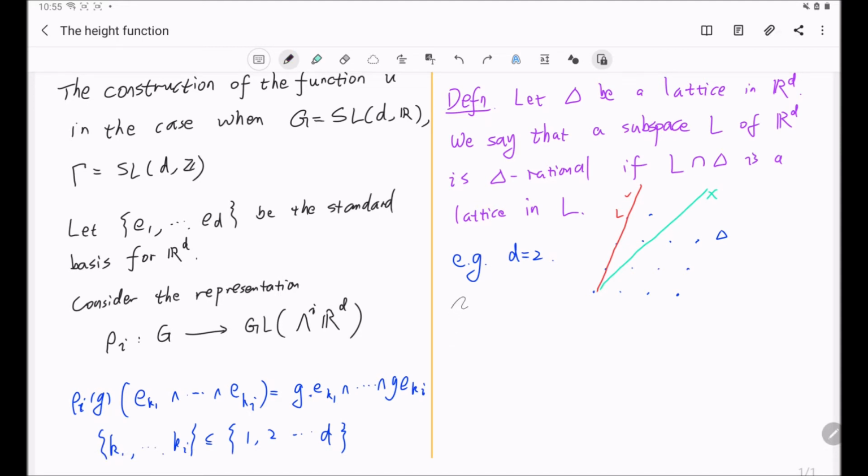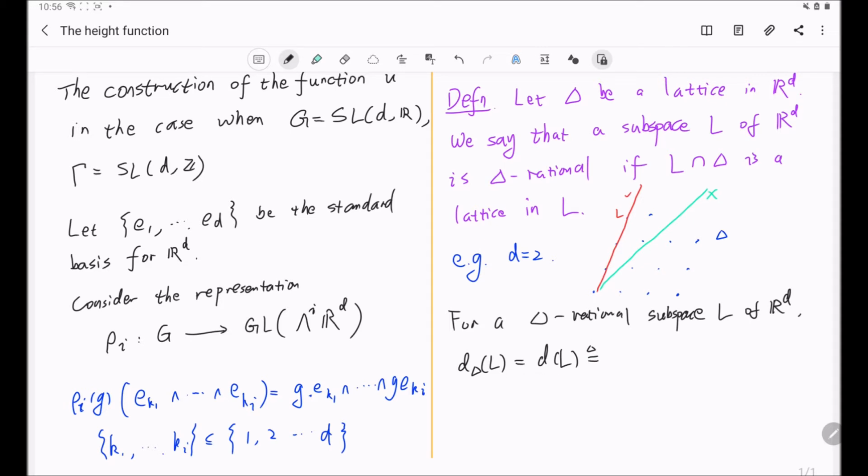And for a delta rational subspace L of R^D, we use the notation D sub delta of L, or we may omit this delta here.